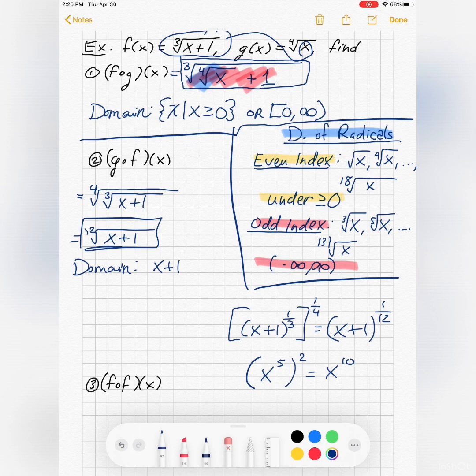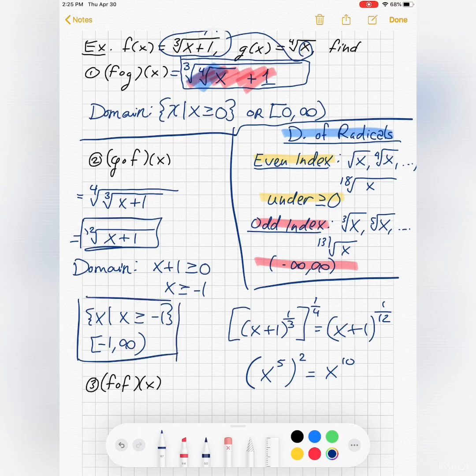So whatever's underneath that even index root has to be non-negative. So I'd say the set of all the x's where x is greater than or equal to -1, or in interval notation, -1 to infinity. That was scratch work there.